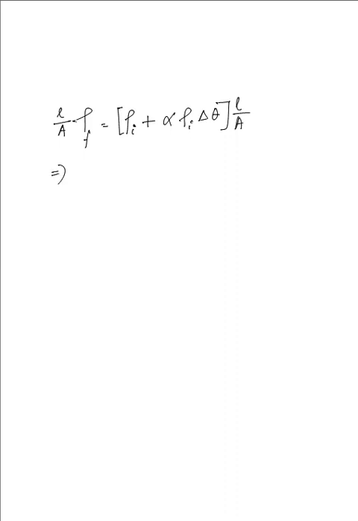Now rho L by A, f is the final resistance of the conductor, and that must be equal to, as L by A gets multiplied with the first term, it is simply Ri. The Ri can be taken common and we have 1 plus alpha del theta as it was previously. So this alpha term that we have over here is also the temperature coefficient of resistance. It's the same thing, and obviously it will have the same units and same dimensions.